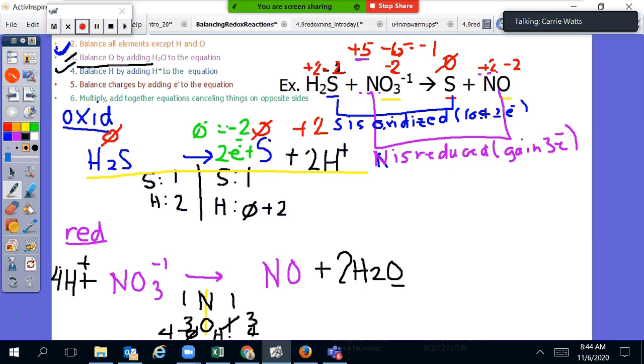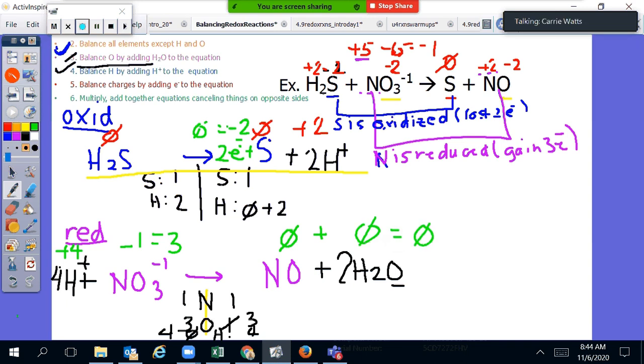Now we're going to count the compounds and the charges. This is a +4, because there's 4 H pluses. This whole ion has a -1 charge, which means we have a total of 3 on this side. On this side, we have a total of 0 plus 0, which is 0.